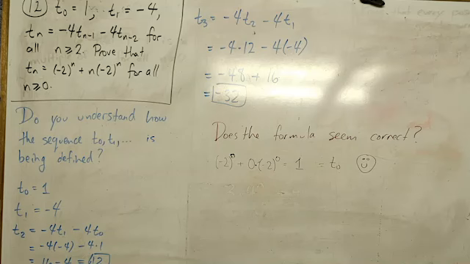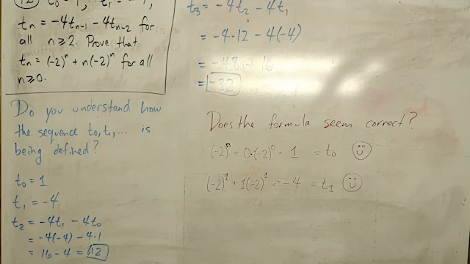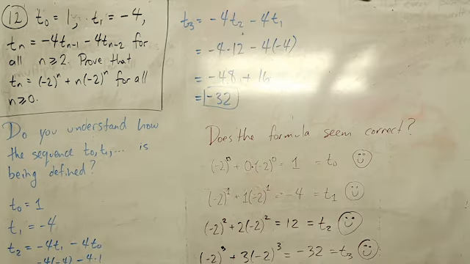In the case n equals 0, you get 1. In the case n equals 1, if you plug in 1 everywhere, you get -4. For n equals 2, as expected, you get 12, and then for n equals 3, you get -32.